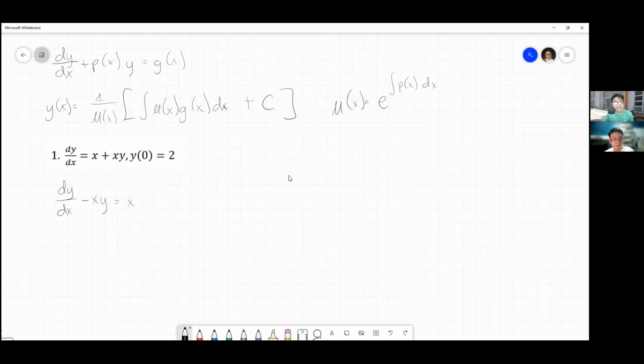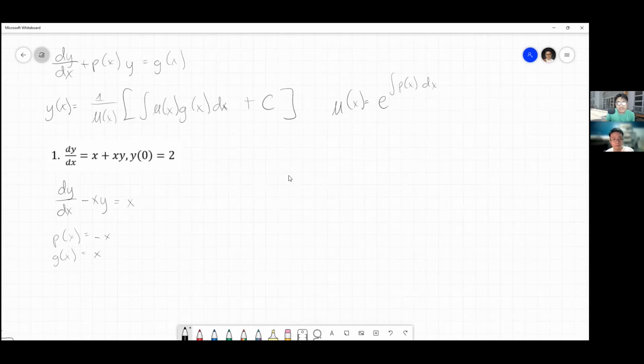Next kunin natin si P tsaka si G. From this pattern, mamatch lang siya dito sa pattern ng ating form ni linear ODE. So si P of x natin is kung ano yung nakakabit kay y, which is negative x. And then si g of x natin is kung ano yung nasa right-hand side ng equation, which is x.